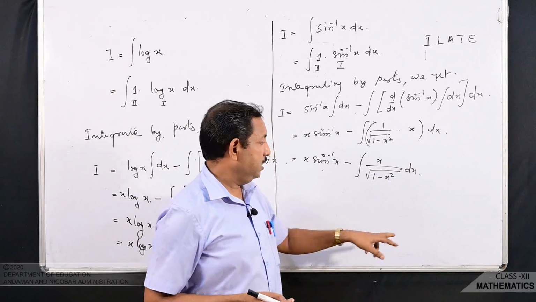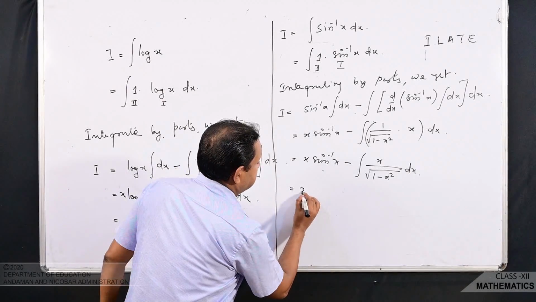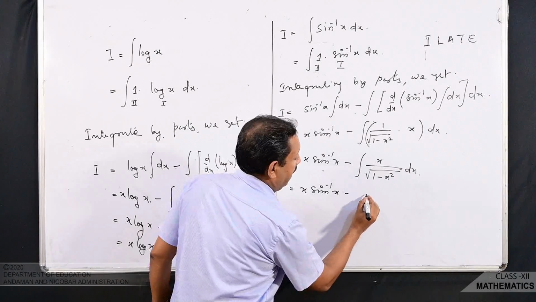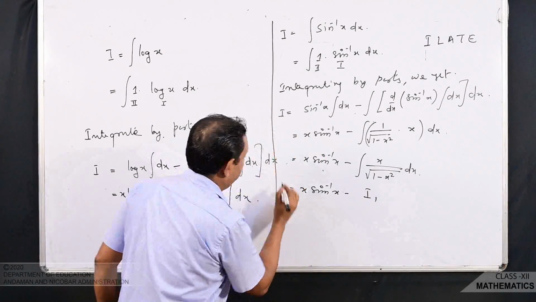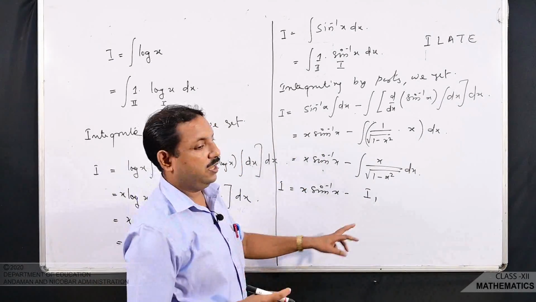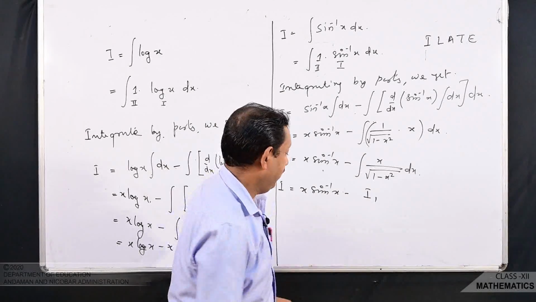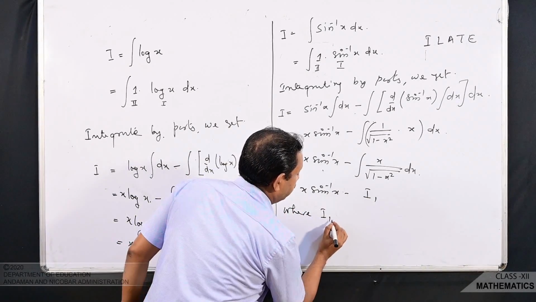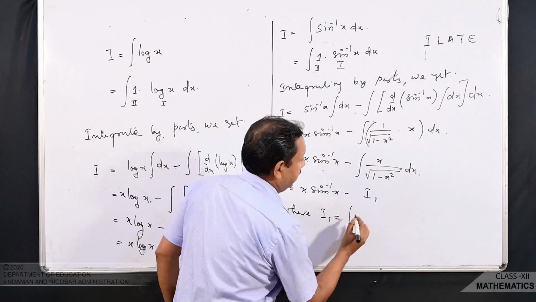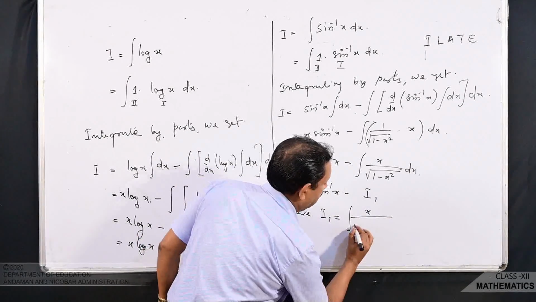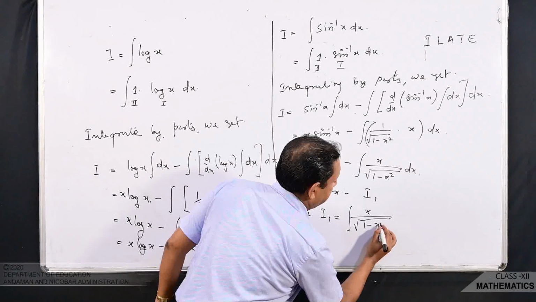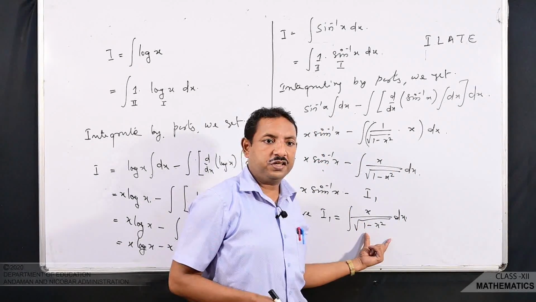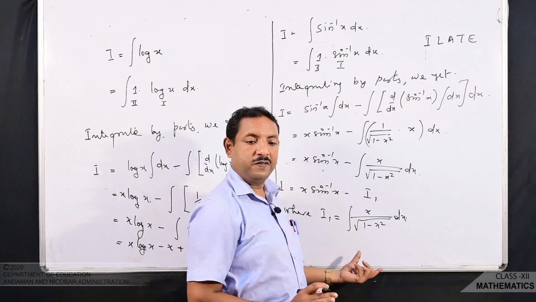Now see, I can write this as x sine inverse of x minus I1, where I1 is nothing but the integration of x upon under root of 1 minus x square dx. Now I can perform the integration of this one separately.